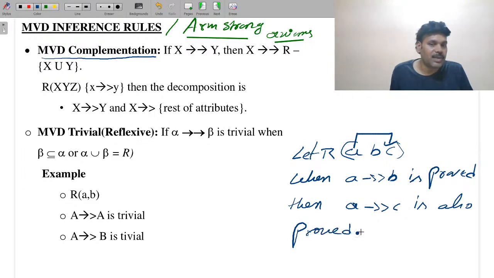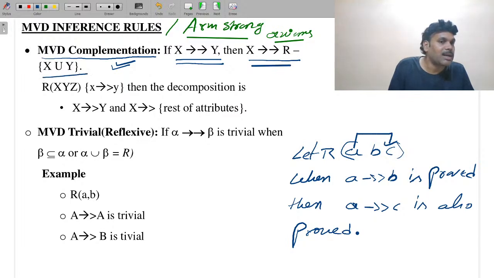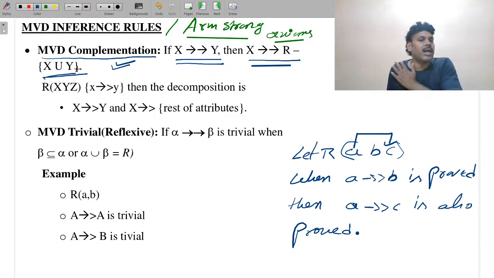Automatically it will be satisfied, even for other columns. If there is one more multi-value attribute like D, then A implies D will happen. Why? Because of the complementation rule. What is complementation? When X implies Y, then X implies R minus X union Y. Then it implies all other attributes.